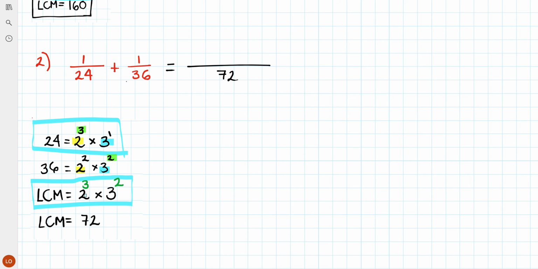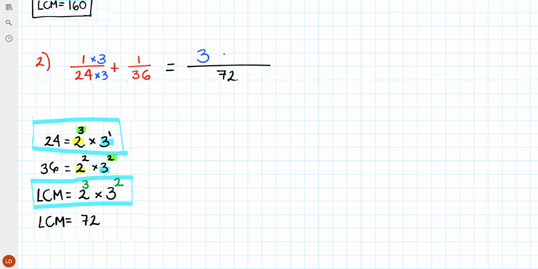Hopefully you'll be able to say, the 2's are complete, I have 3 here and 3 here, all good. I'm missing only one 3. So I'm going to be timesing by 3, and times 3 on top, and this is going to be equal to 3.